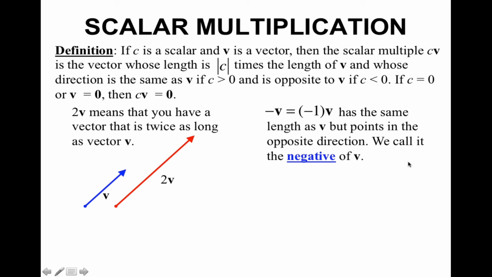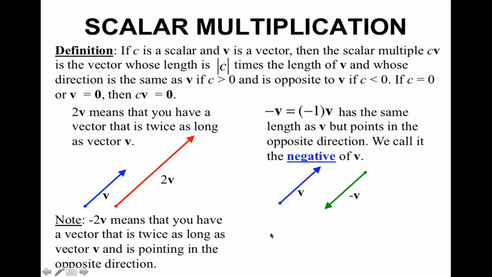We call it the negative of v. So here's v, and negative v has the same magnitude, it just is going in the opposite direction. Note, if we have negative 2v, that means you have a vector that is twice as long as vector v and is pointing in the opposite direction.